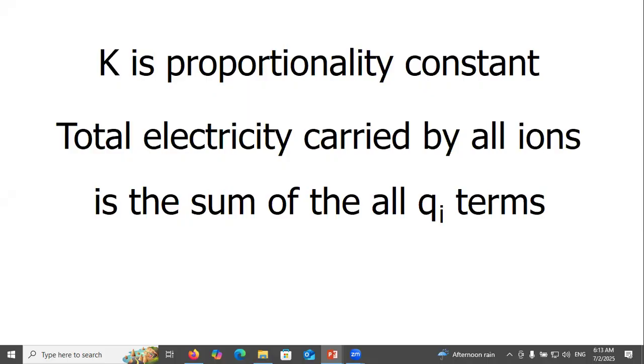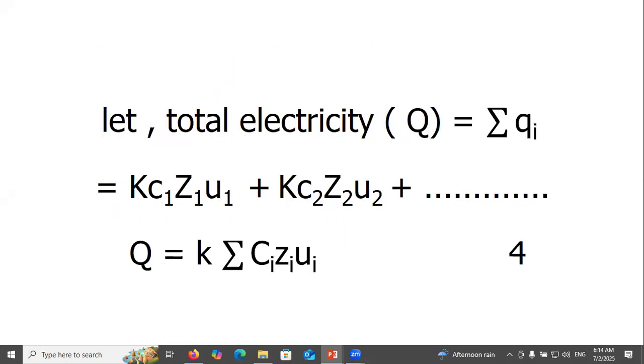K is the proportionality constant. Total electricity carried by all ions is the sum of all of the Qi terms. Let total electricity Q equal summation Qi. So K C1 Z1 mu1 plus K C2 Z2 mu2. So Q equal to K summation Ci Zi mu i.